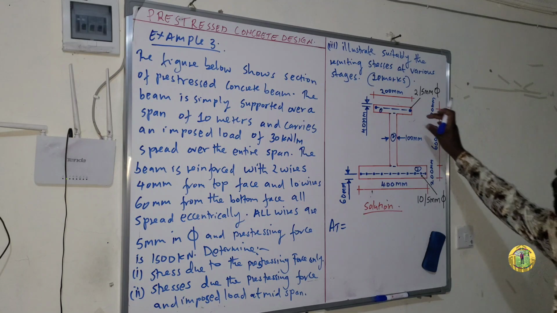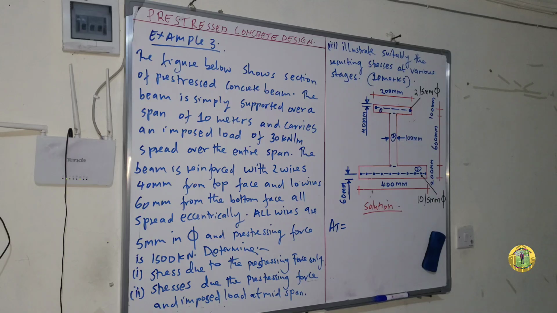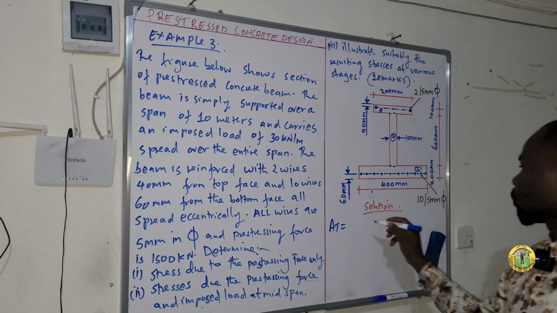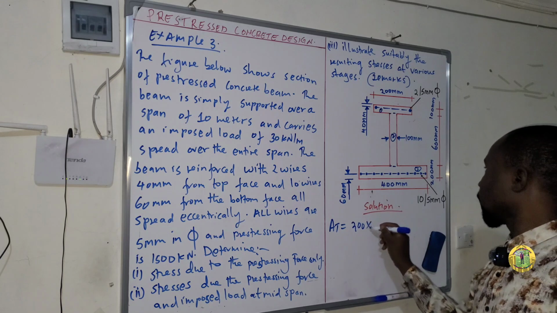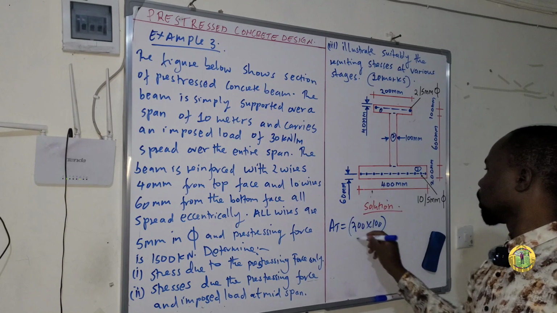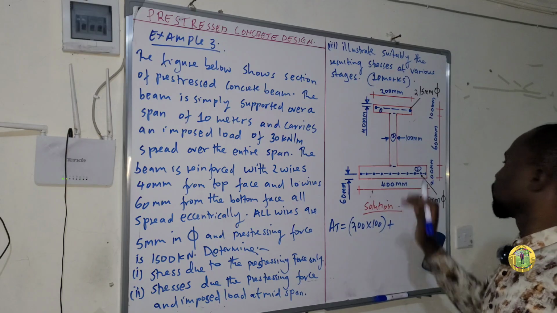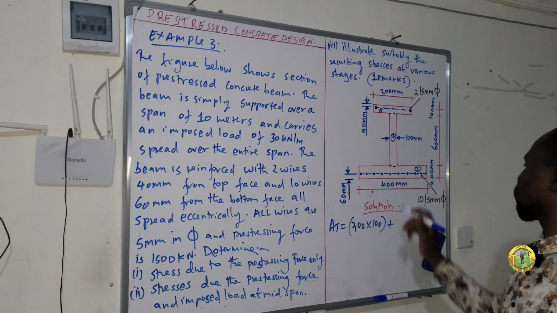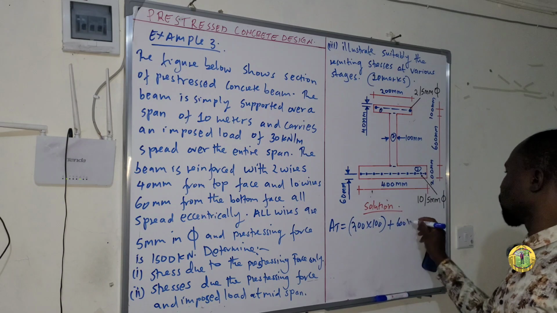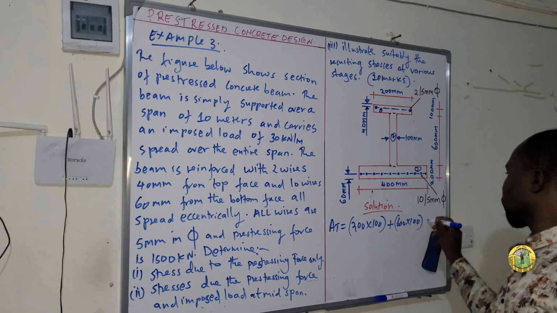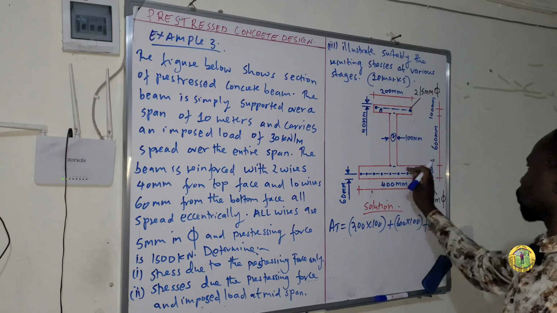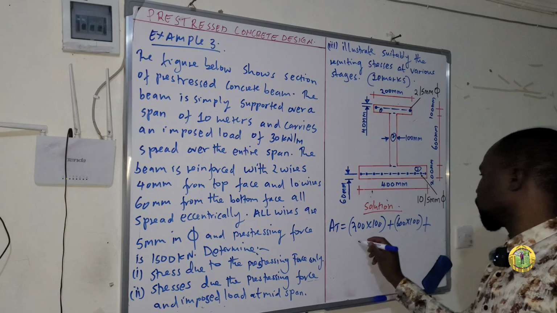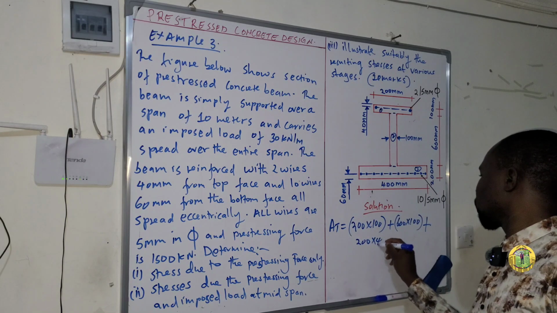We begin with the first portion, which is figure number 1. The area will be length times width, which is 200 times 100. Then plus, you come to this second portion, the area will be 600 times 100, plus the third portion, which will be 200 times 400.